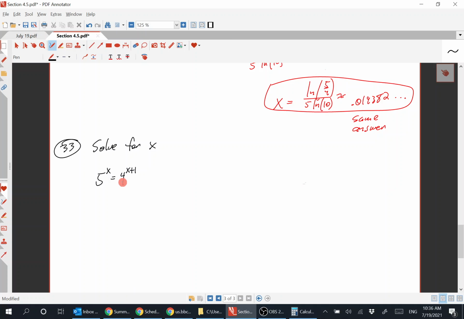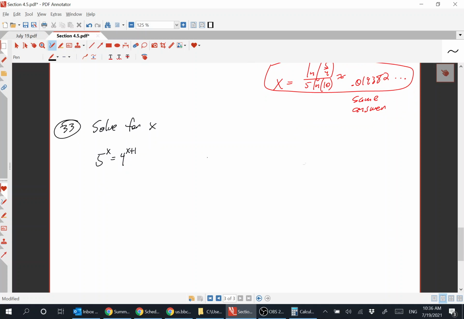Okay, so what you do here, you just apply a log to each side, whichever log you want. Well, natural log or log base 10, right? And then the exponent comes down in front. Like that.